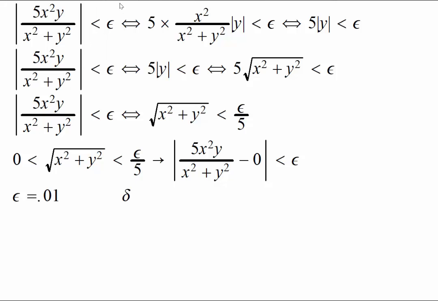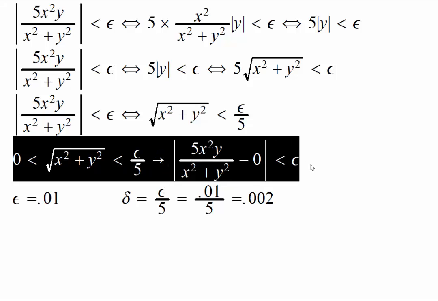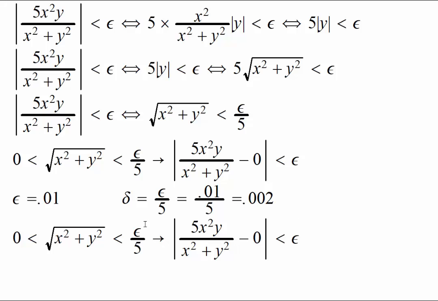And then we got this, and that's going to be who? 0.002. So what we want to see is, if this quantity is less than 0.002, then this quantity is going to be less than 0.01.